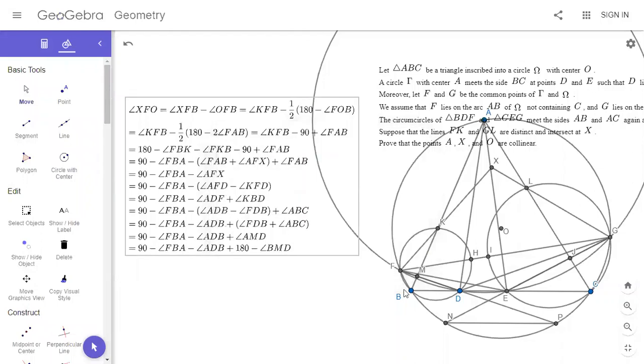Okay, so angle BMD is half the sum of the two intercepted arcs. So it's half of arc AF plus half of arc BP.